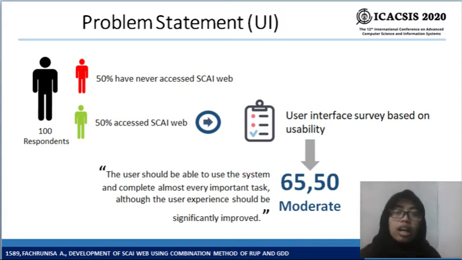From 100 respondents, we can see that half have used the SCI web, and the usability result shows that the user interface has a total score of 65.5%. Based on Turner documentation, it means that the user must have a deep understanding of the system. So, we try to make another user interface design to compare with the last.